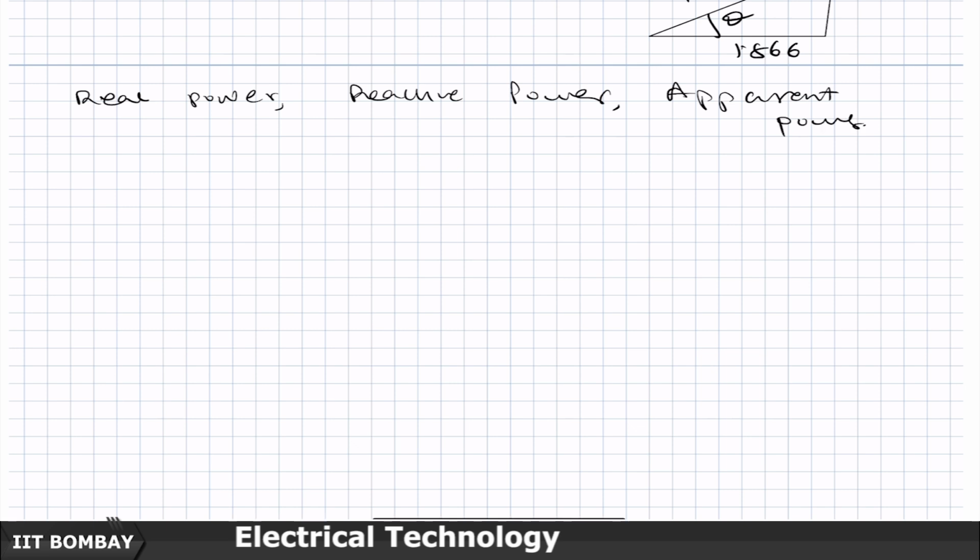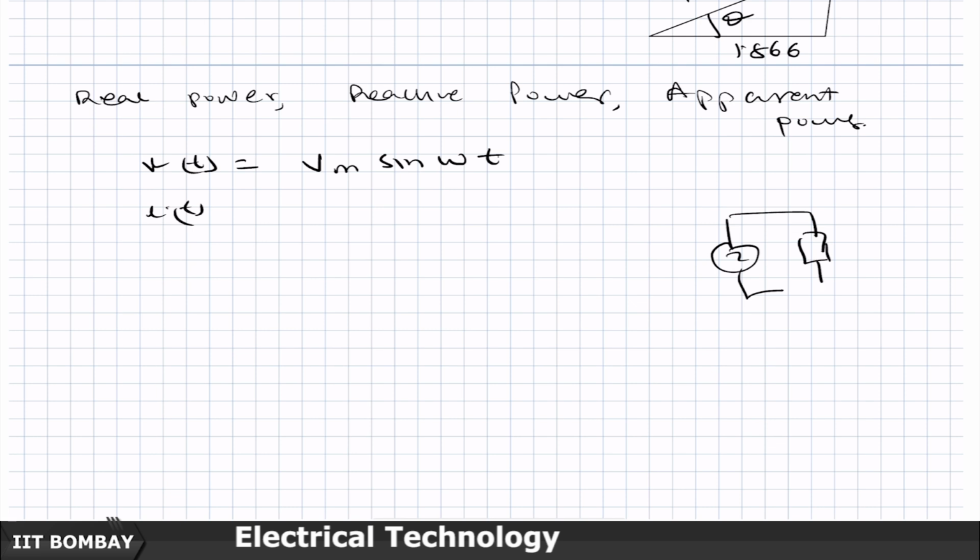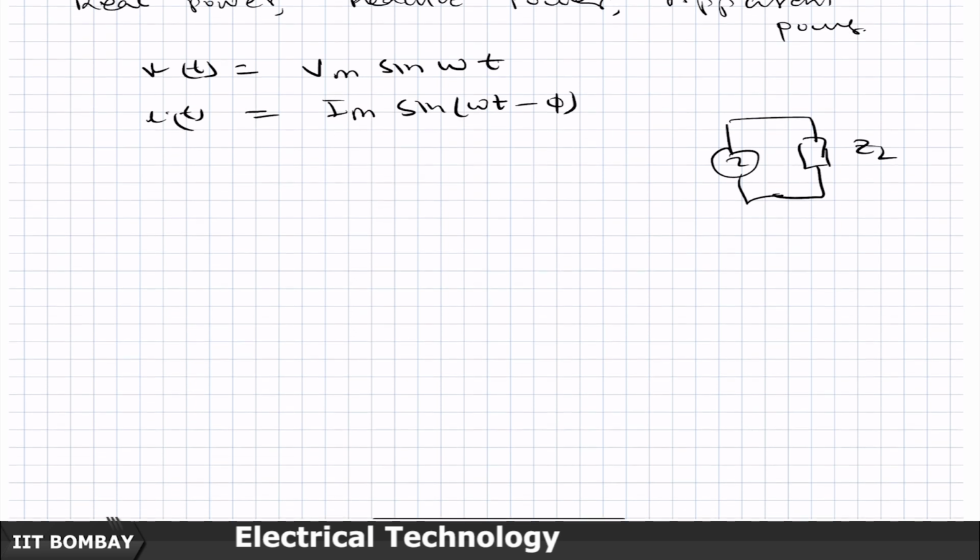So, suppose that I have a source v(t) which is given by Vm sin of omega t, and let us say that this source supplies a load ZL which takes a current of Im sin of omega t minus phi.